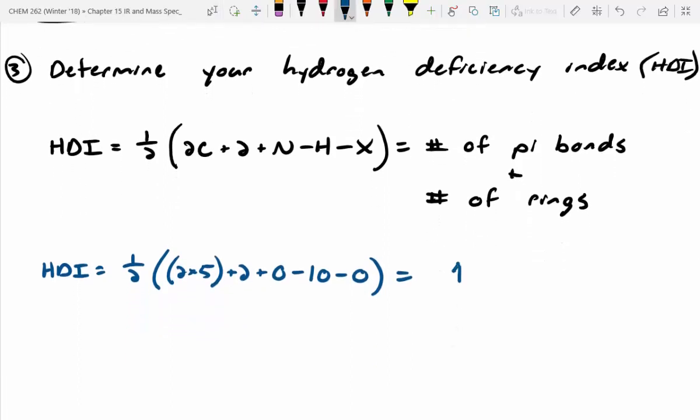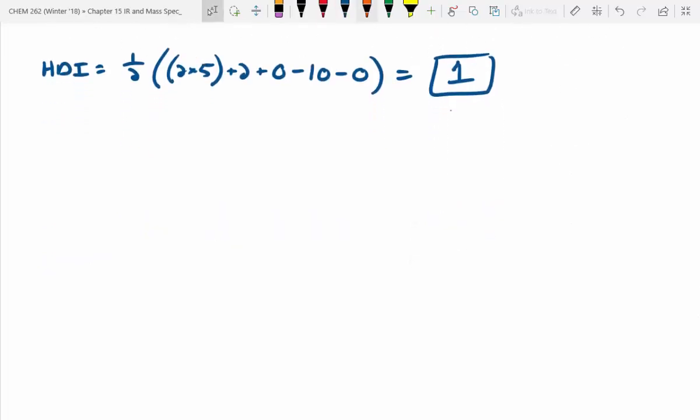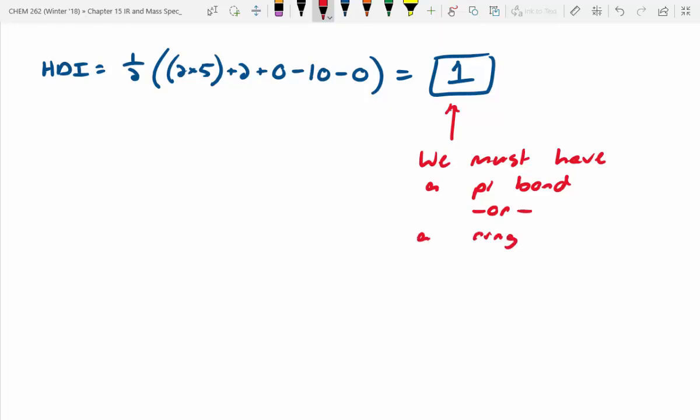All right, so let's take a look at this, and we'd say this means we must have a pi bond or a ring system. All right, so that's a pretty useful clue.